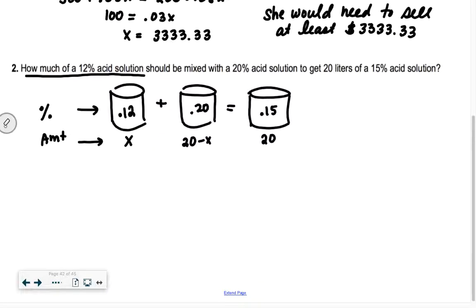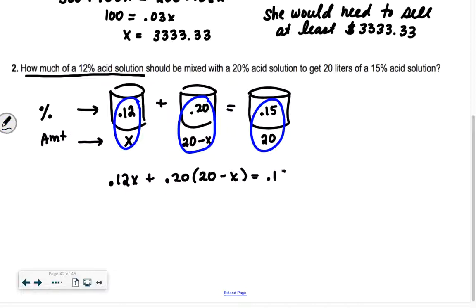Okay, now we create our equation. So we do this by talking about the amount of acid in each thing. So the amount of acid comes from multiplying these together. So we're going to have 0.12x added to 0.2 times 20 minus x equals the 0.15 times 20. And then we solve it out. So we do 0.2 times 20, so we get 4 minus 0.20x. 0.15 times 20 is 3.